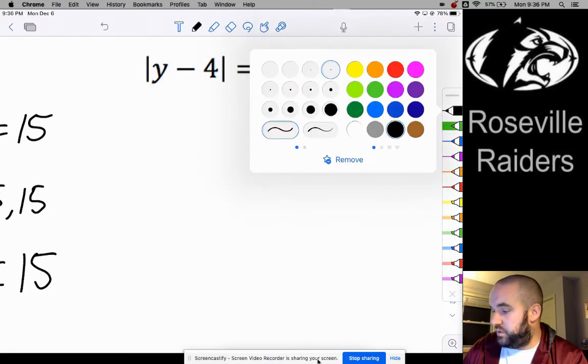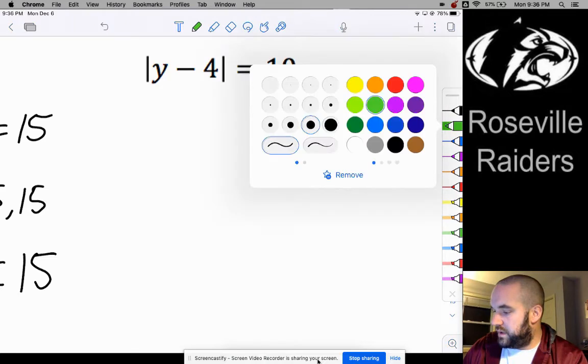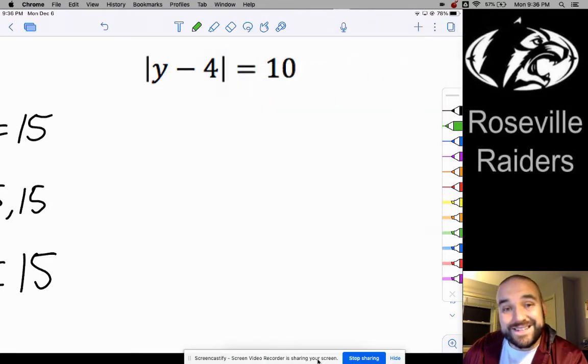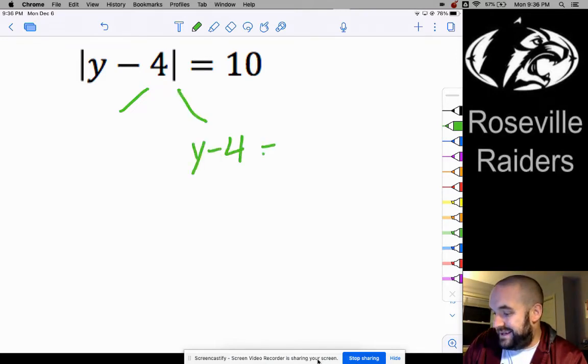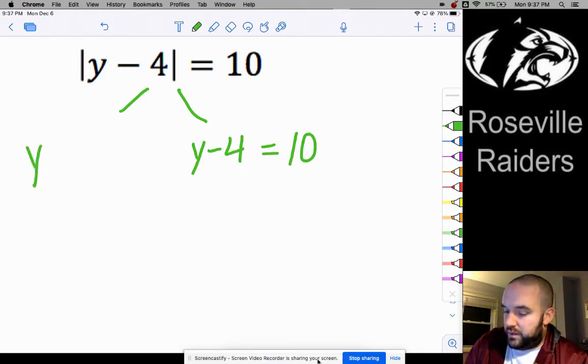Now we know it's not just a number, it's actually the expression y minus 4. So what we're going to do for this is split this equation into two separate equations. We know that the expression y minus 4 has to either equal positive 10, so that the absolute value of y minus 4 is 10, or the expression y minus 4 would have to equal negative 10.